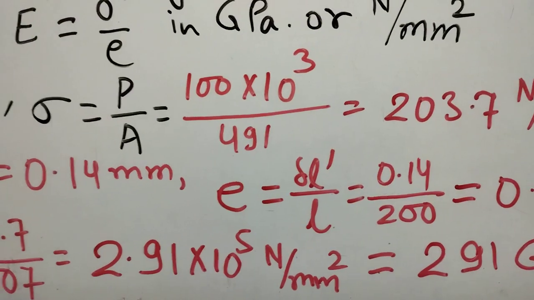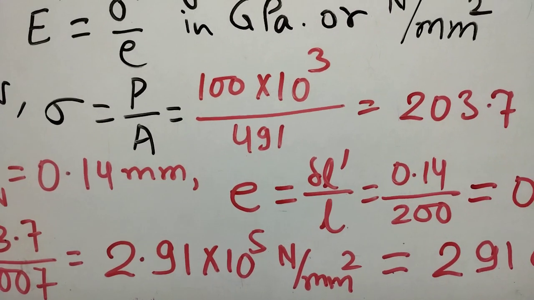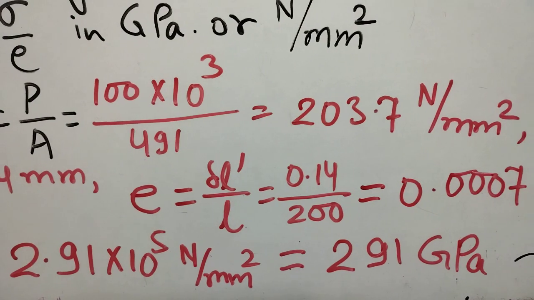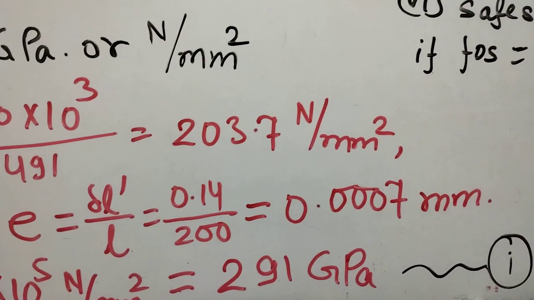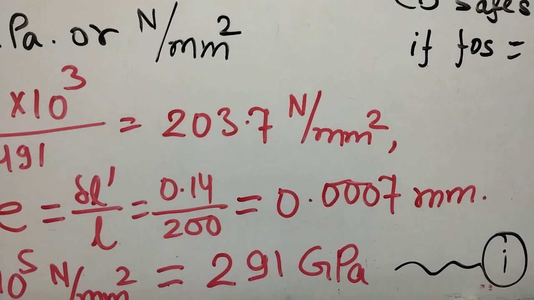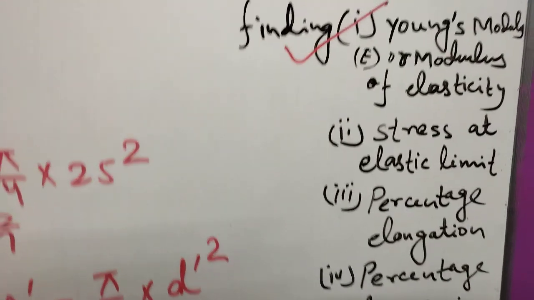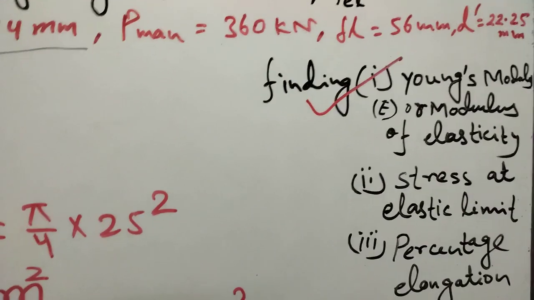We got 2.91 into 10 to the power 5 Newton per millimeter square, and converted to GPa, the value is 291 GPa, and we get the result of the first part of the question: the Young's modulus or modulus of elasticity.